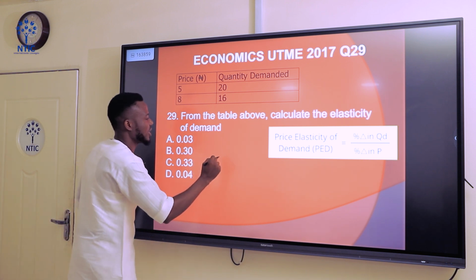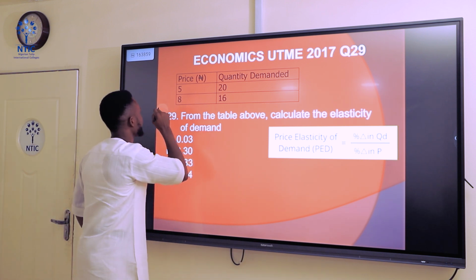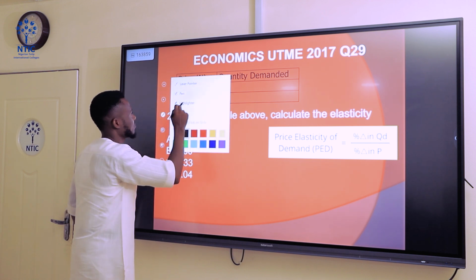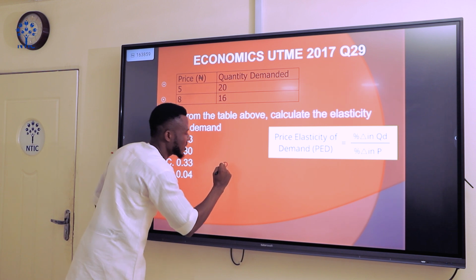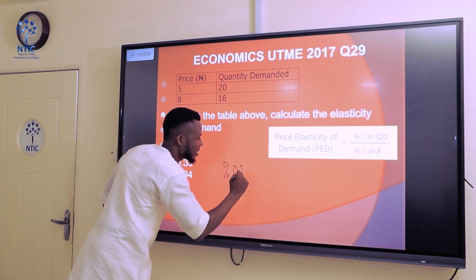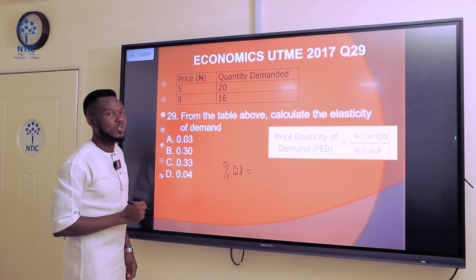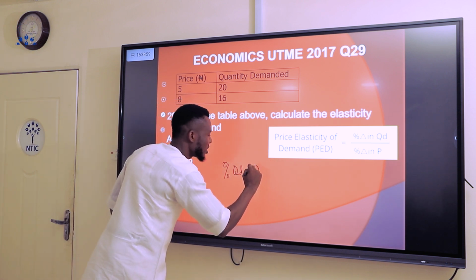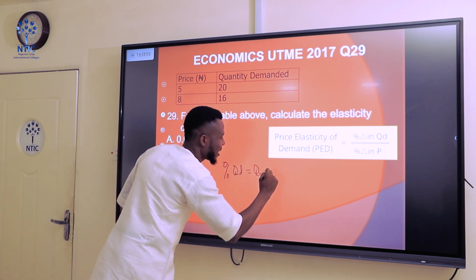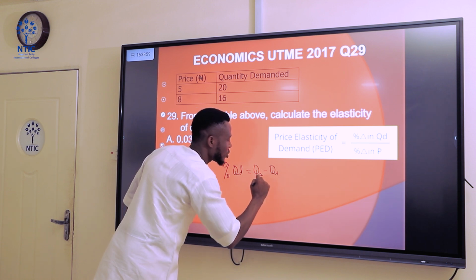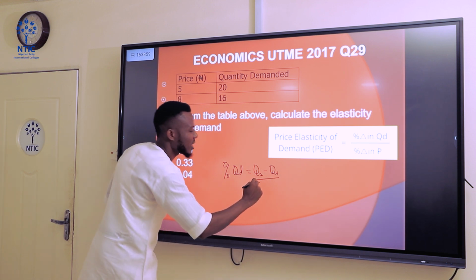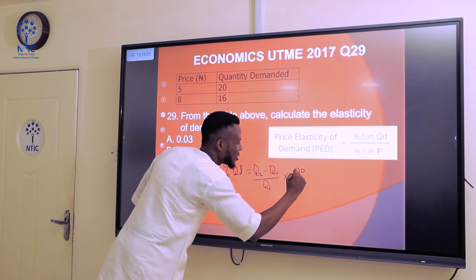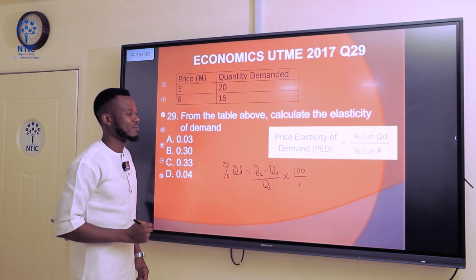For percentage change in quantity demanded, we have the new quantity, Q2, minus the old quantity, Q1, all over the old quantity, Q1, times 100 over 1.